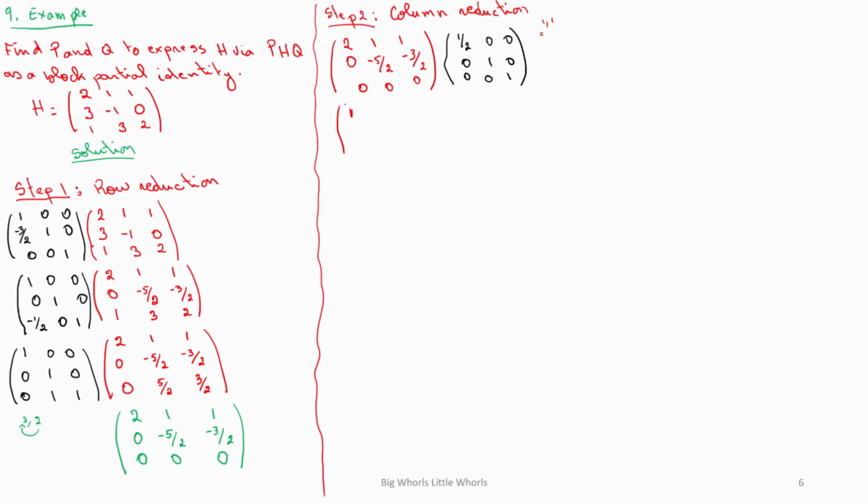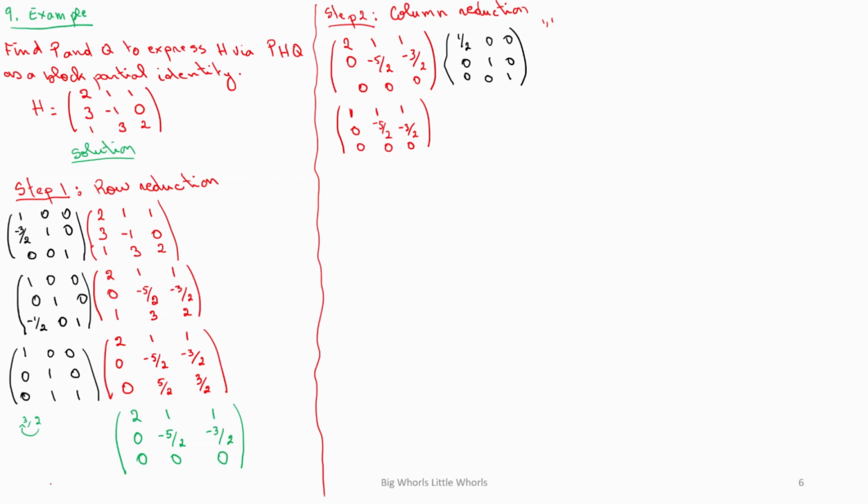Okay, so here we have 1, and here 1 and 1, followed by 0, minus 5 over 2, minus 3 over 2, 0, 0, 0.